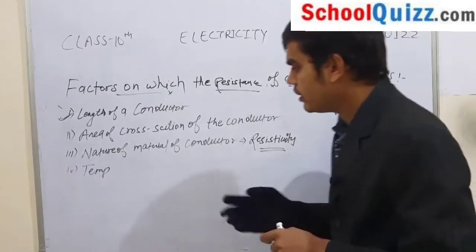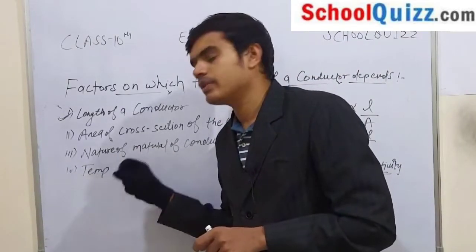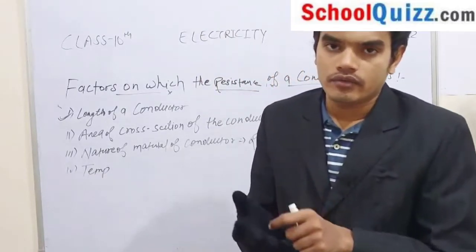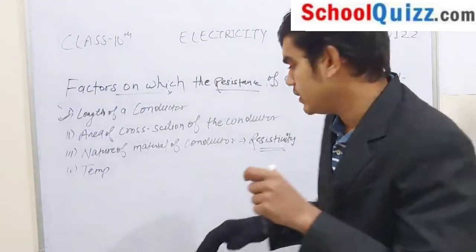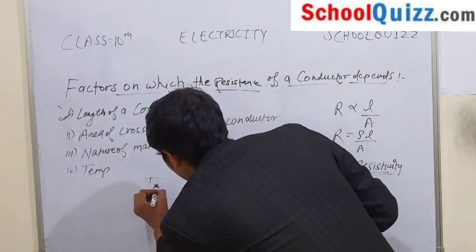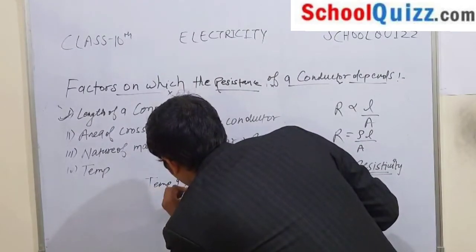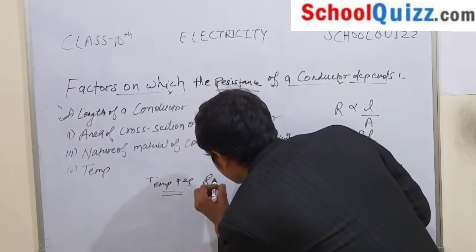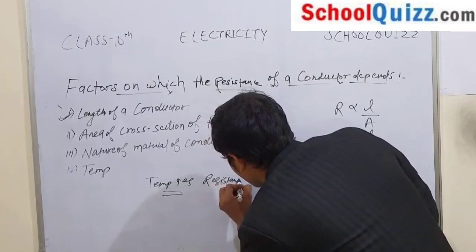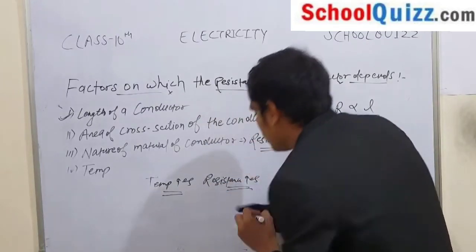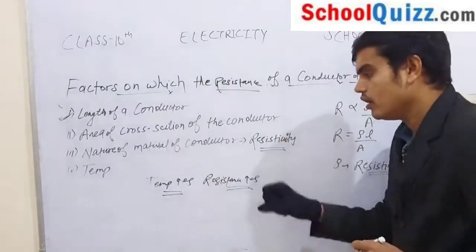Now what is our point number 4? Our point number 4 is temperature. When you increase the temperature of a conductor, your resistance will also increase. Why? What is the reason?